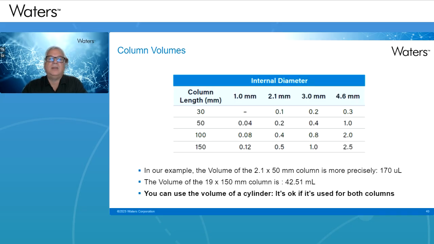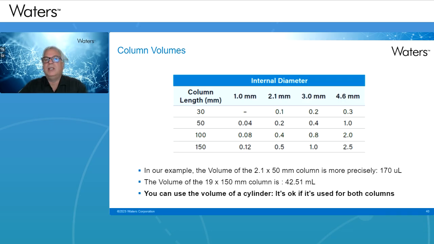Just to give you an idea, sometimes in the Waters manual, we will give you some internal diameters and column lengths, and we will give you the column volumes for them. It's okay to use the formula. The only thing I will ask you is to keep the same formula for the 2 columns you will measure.